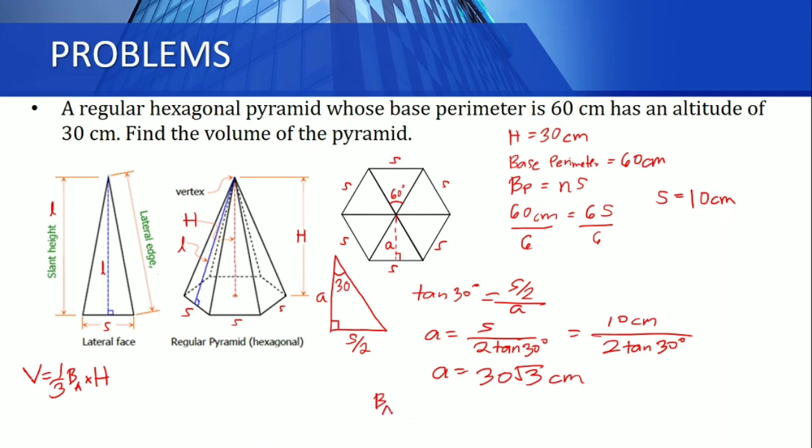base area is equal to N times 1/2 times S times yung A natin. So N natin, ilang triangle, that will be 6. So that will be 6 times 1/2 times yung S natin, which is 10 centimeter, times yung apothem natin, that will be 30 square root of 3.